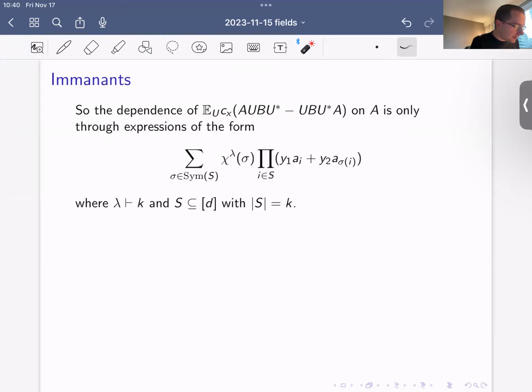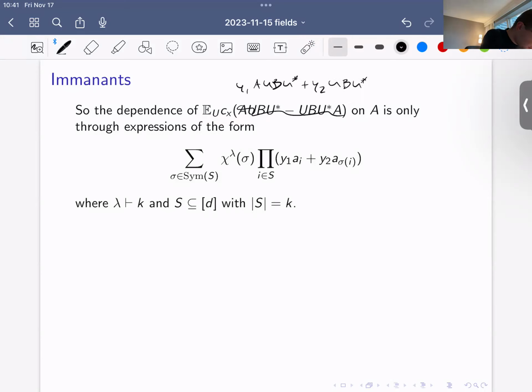Right, and so the point of all this is the dependence of this expected characteristic polynomial on this, which should say y1 A U B U star plus y2 U B U star A.